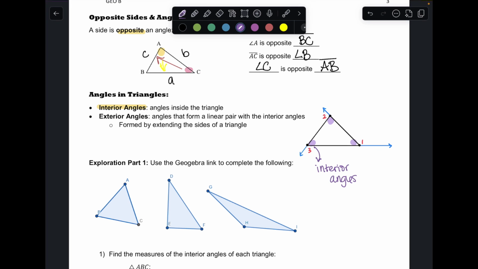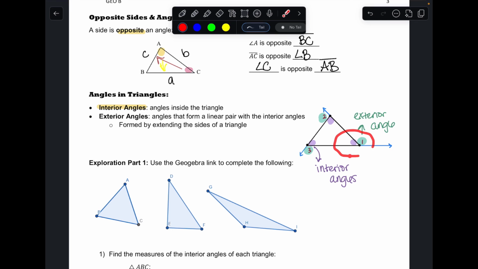Now, if we take a side of the triangle, like this side right here, and we just extend it a little bit more, we get something called exterior angles. So that's all of your numbered angles here. This 3, this 2, this 1. These are all exterior angles. They are on the outside of the triangle, but form a linear pair.